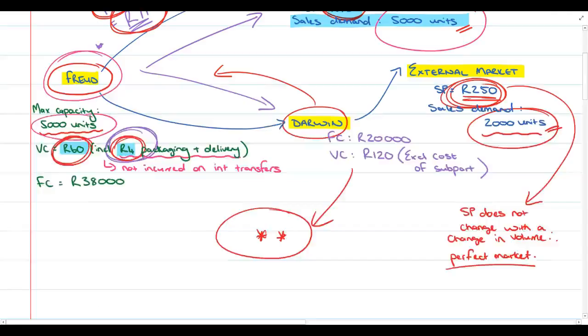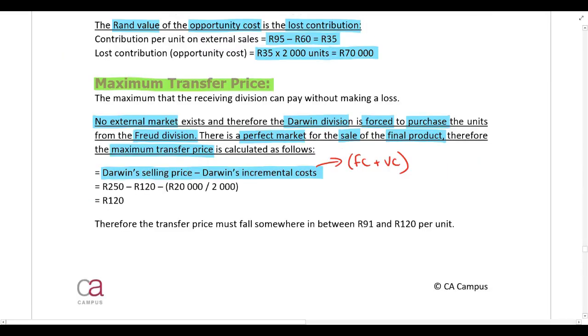So, Darwin's final selling price is 250 Rand. Their variable costs are 150 Rand per unit, and their fixed costs are 20,000 Rand in total. For the fixed costs, you're just going to have to divide by the 2,000 units so that you can get the cost per unit, because we're working with everything here in units. And that gives me a maximum transfer price of 120 Rand per unit.